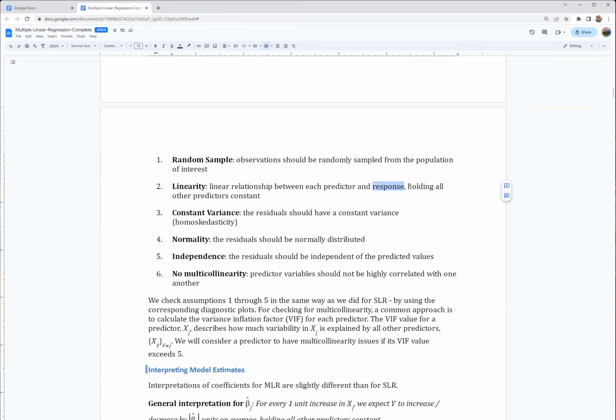This is phrasing that shows up that's important to include when describing the relationship between each x and y. We can only interpret the relationships now of each x with y if we say holding all other x's constant. Okay.